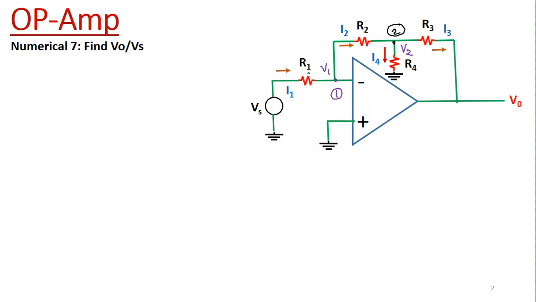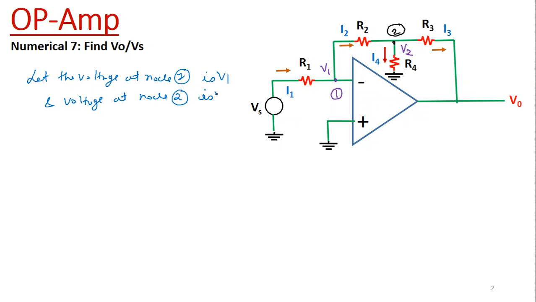Let the current through R1 be I1, through R2 be I2, through R3 be I3 and through R4 be I4, and let the voltage at node 1 be V1 and the voltage at node 2 be V2.